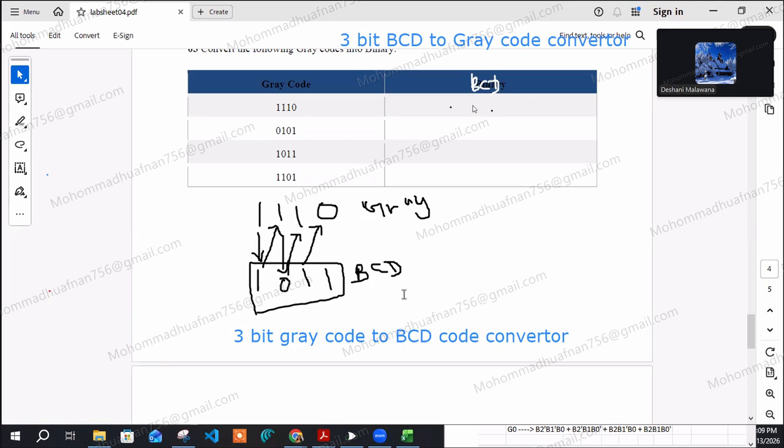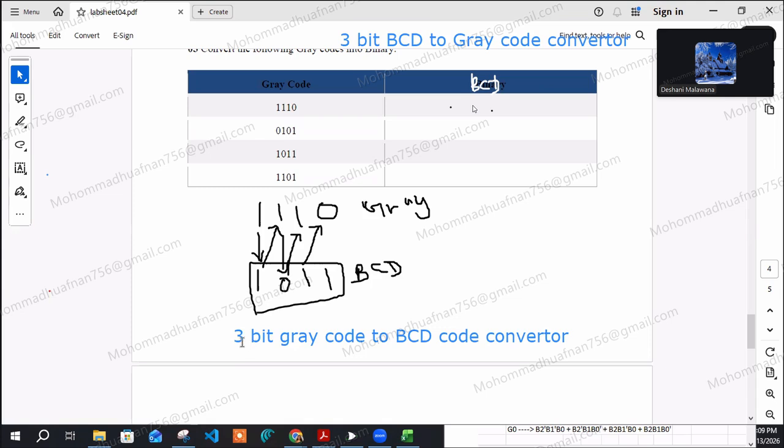No need to think about the logic circuit first. First generate the truth table for that one and send me the screenshot of that truth table. It's better to use an Excel sheet, okay? So use the Excel sheet, convert this, and let me know the answer.